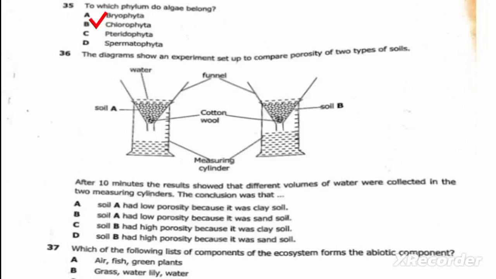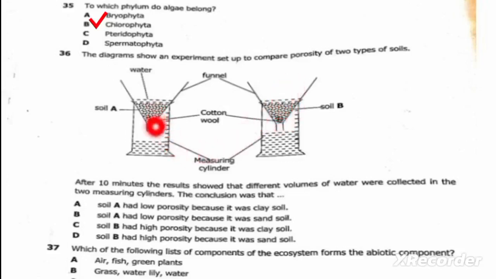So the question is trying to tell us that there are spaces within the soil. After the experiment, here a huge volume of water has been collected. Here a small volume of water has been collected. So this type of soil has more spaces, or pores. Hence water was moving fast.